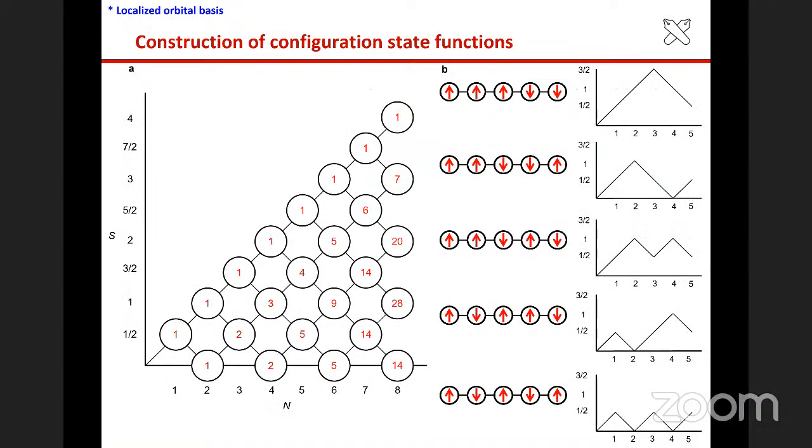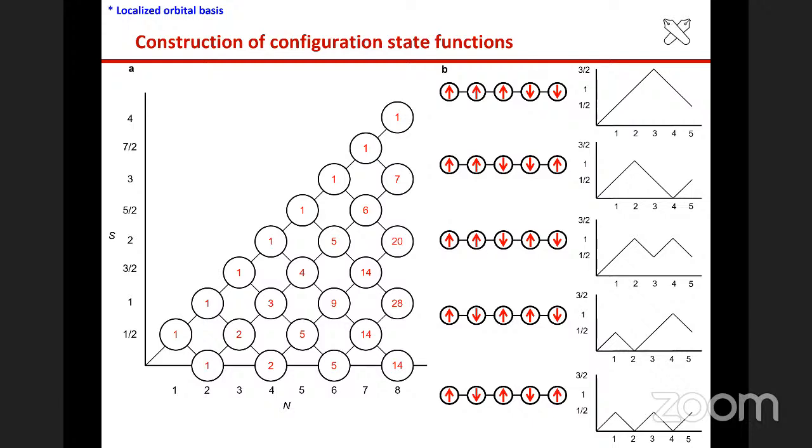Roughly speaking, the configuration function has different spin configurations, and these can be constructed using what is known as a branching diagram. Different spin configurations can be expressed by different routes in this branching diagram.